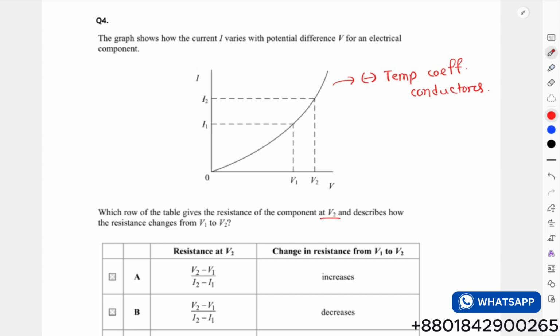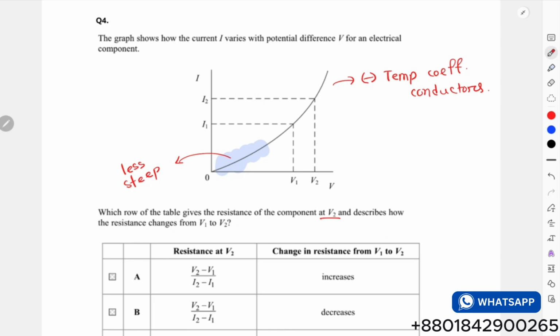Obviously, as this is for a negative temperature coefficient conductor, we can understand from the graph's shape that initially the graph is less steep, like at this highlighted portion. Less steep means the gradient is small.